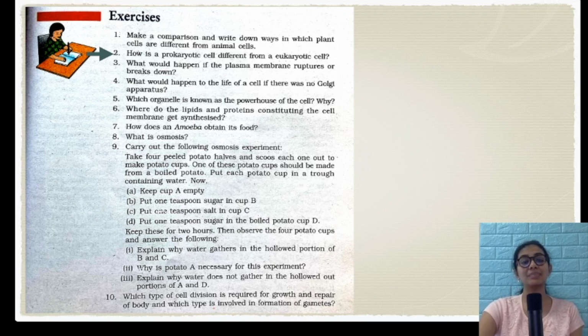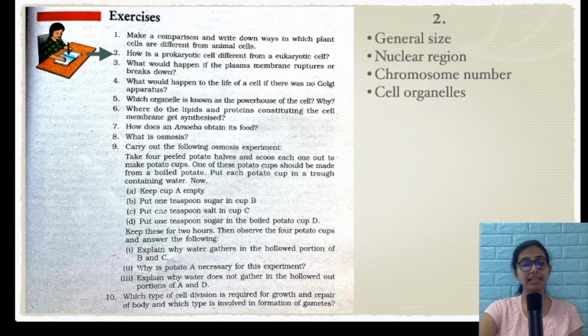That is the main difference between prokaryotic and eukaryotic cells. So how else do they differ? They differ in their general size, in the nuclear region as we already discussed, and in the main part of the nucleus, the chromosome. So they differ in the chromosome number as well, and also in the presence and absence of membrane-bound cell organelles. Those are present in one, not present in another.